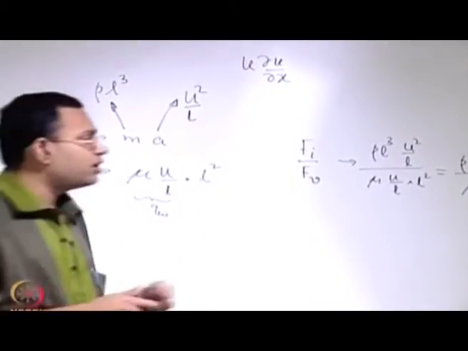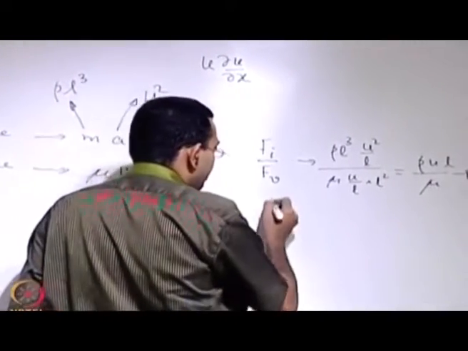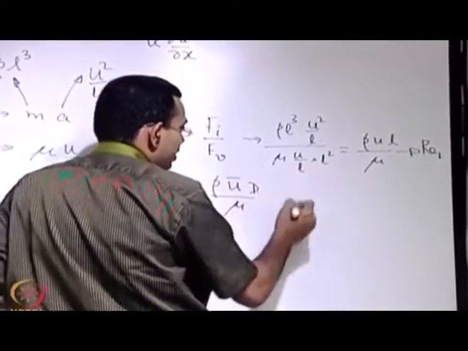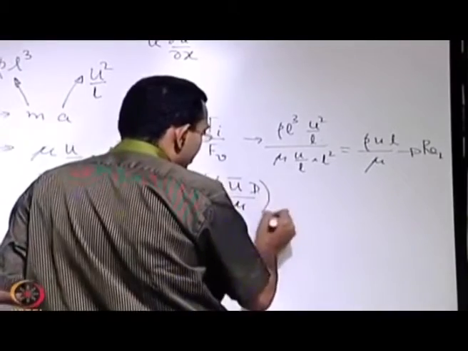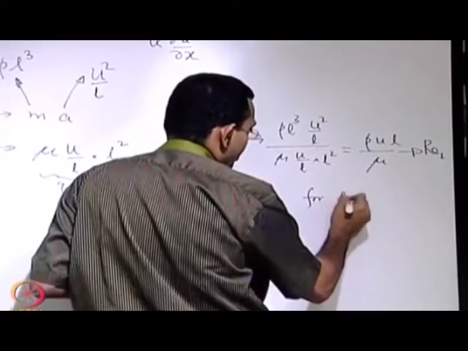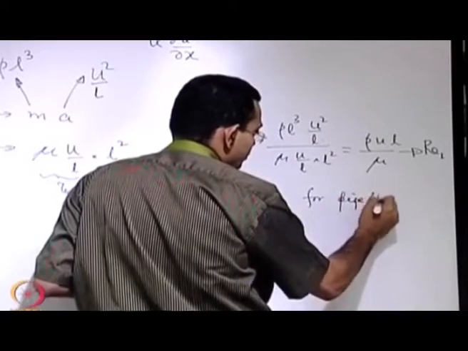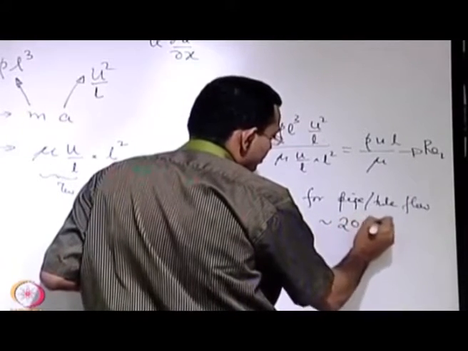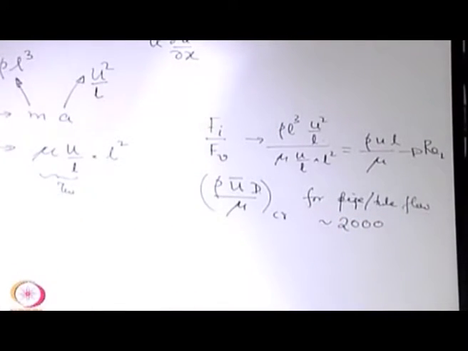For the average velocity and the diameter of the pipe, the value of the critical parameter for pipe flow or tube flow was roughly of the order of 2000. It does not mean that it is exactly 2000, it may be 1700, it may be 2300. So roughly within the range of 1700 to 2300, this was the range observed.